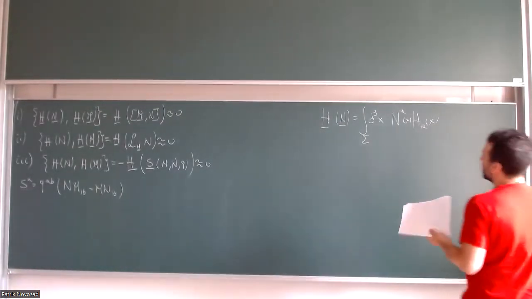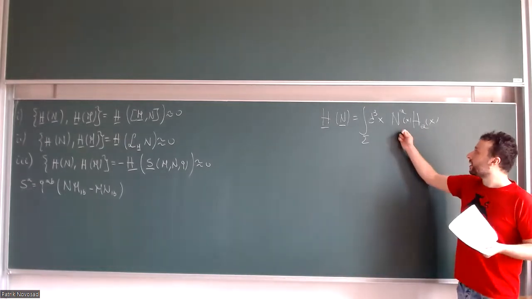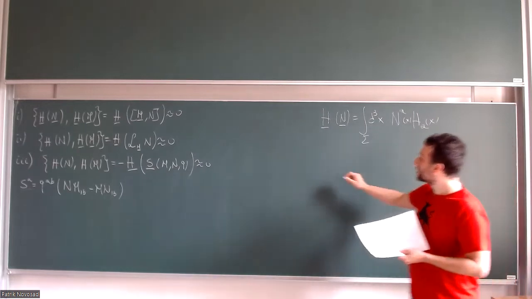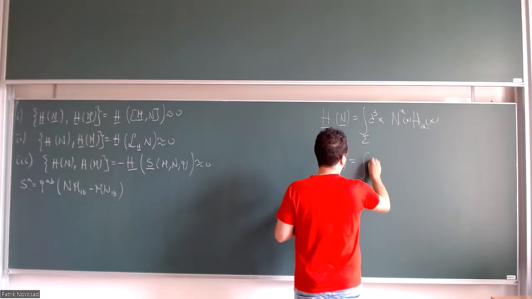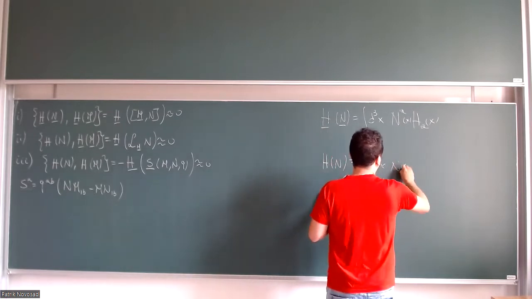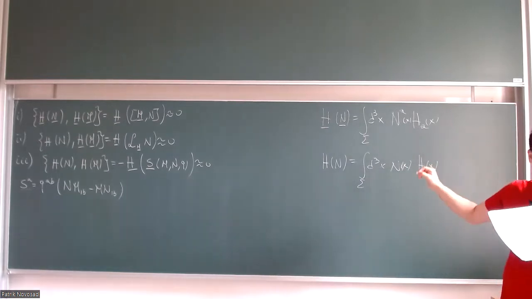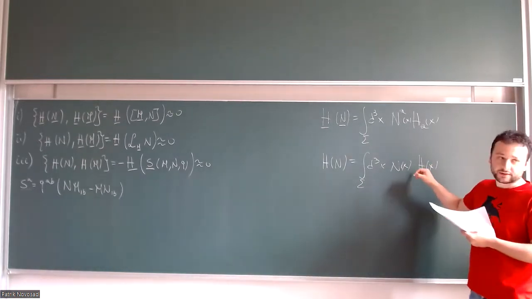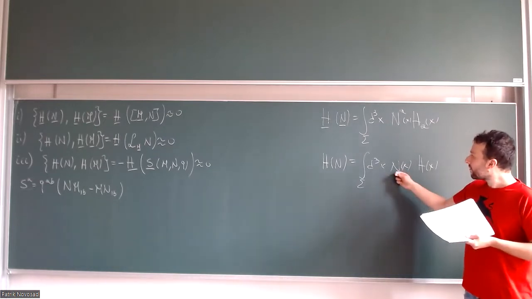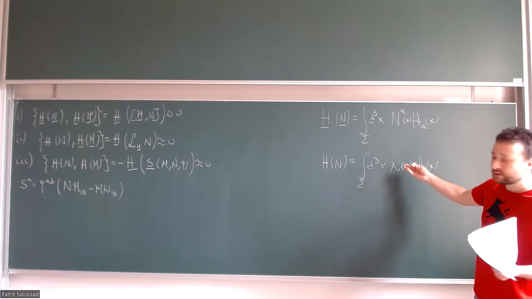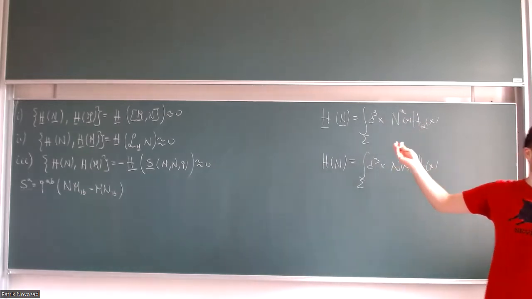Also the point is that the total constraint is the sum of this part and this part here, where here instead is the other scalar constraint. And in the action that we got, actually the shift vector is a Lagrange multiplier.